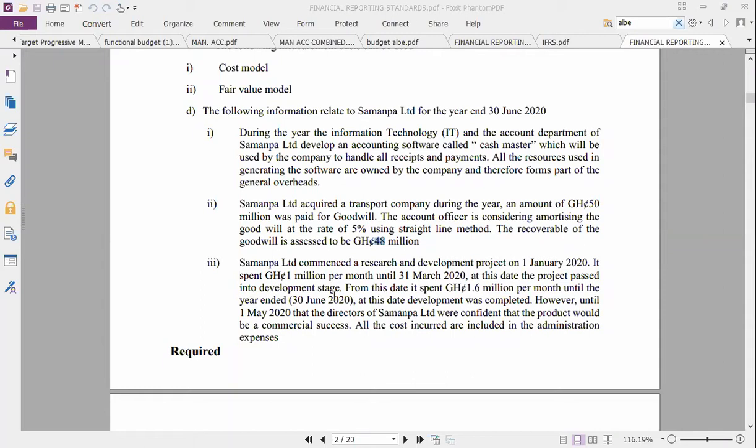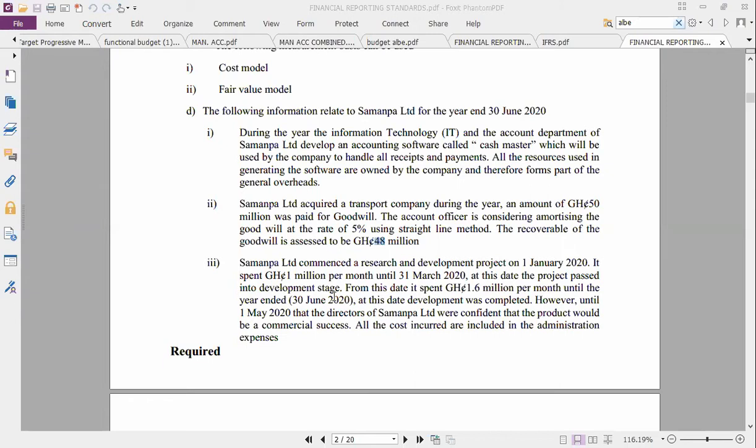Then at this date, the project passed into development stage. From this date, it spent 1.6 million per month until the end of the year, 30th June. At this, the development was completed.